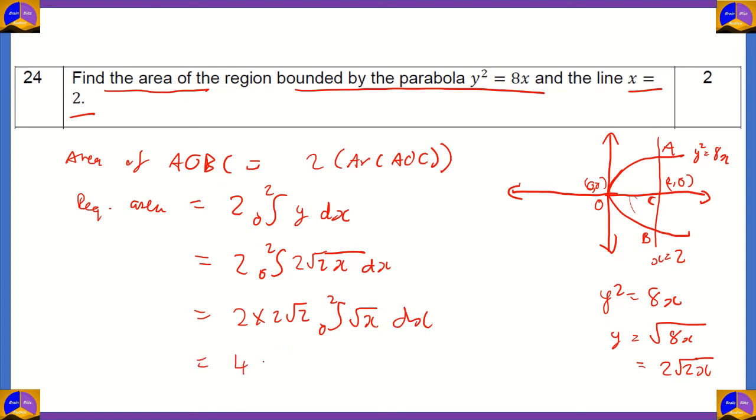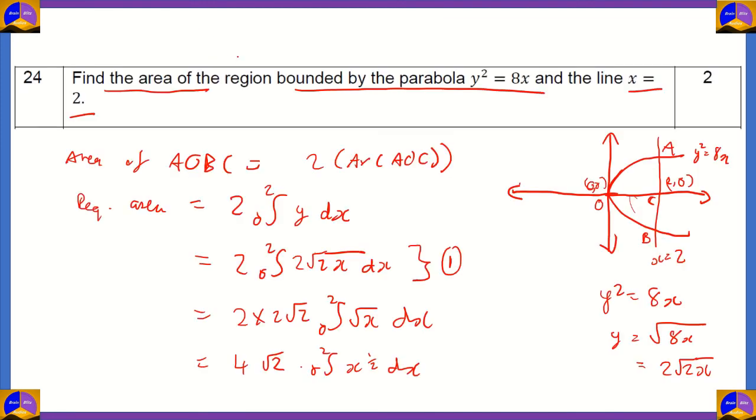That is equal to 4 root 2 times the integral from 0 to 2 of x raised to half dx. And over here, this step will give you 1 mark.